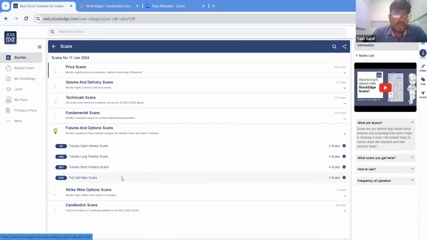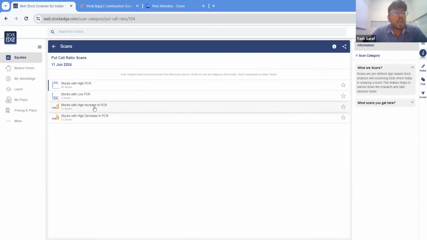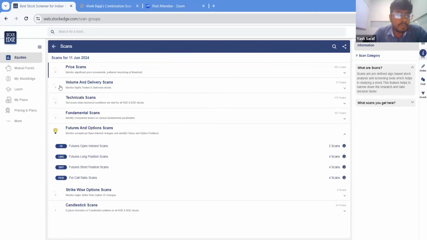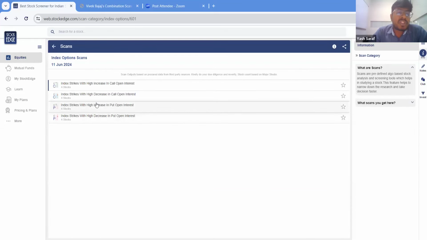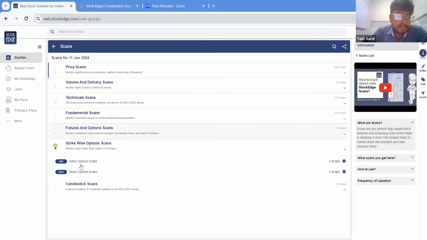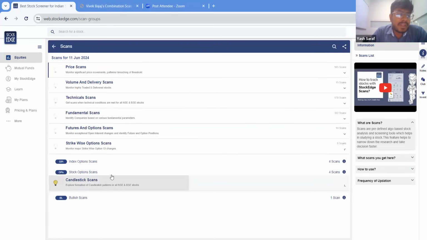And then we have the put call ratio scans, which tell about which are the stocks with high put call ratio or low put call ratio, or there has been a high increase or decrease in the put call ratio. Then we have strike price option scans, in which you will get to know the strike prices of the respective indexes and stocks, at which strike prices there has been a high increase or decrease in the call or put open interest. And then we have candlestick scans.